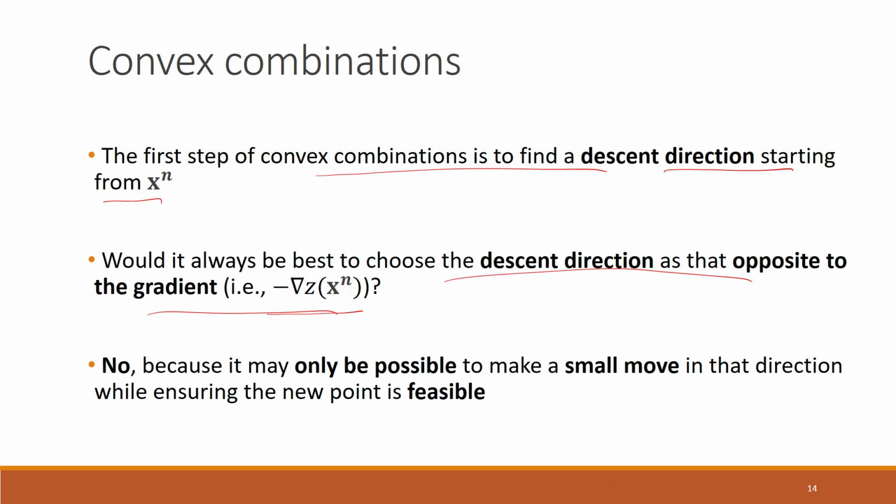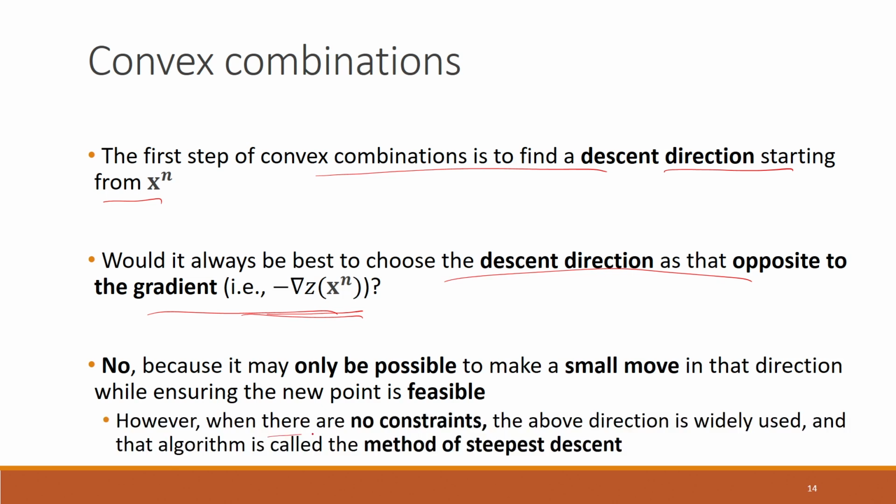Although this direction, which is just opposite to the gradient direction, offers the steepest decrease, I mean the rate of change of function is the highest, in the sense of highest rate of reduction, since you may not be able to move that much in that direction, the overall decrease that you might see in the objective function value may not be the best. So that is why this direction may not always be the best choice.